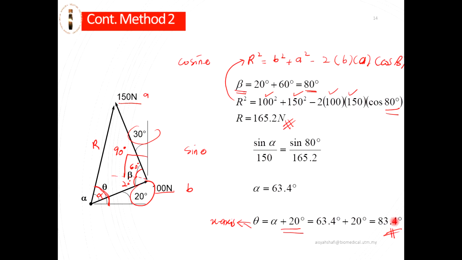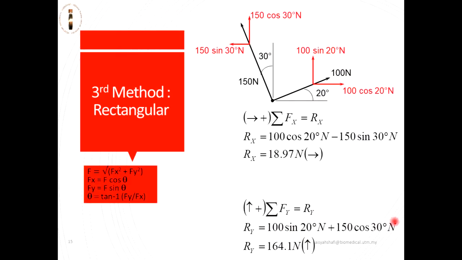This is based on the trigonometry method, and the third one is the rectangular method. The rectangular method is based on the principle of independent physical principle. That's from the resultant, we have the force at the x-axis and y-axis.